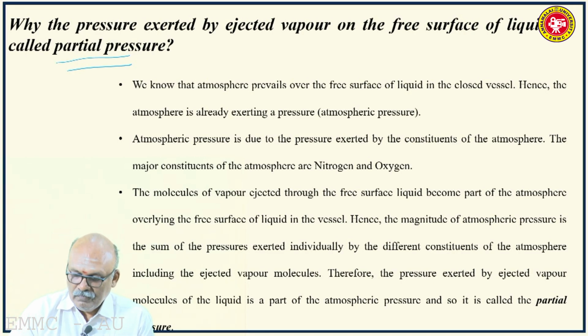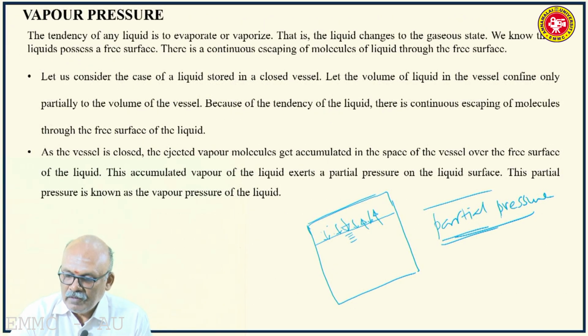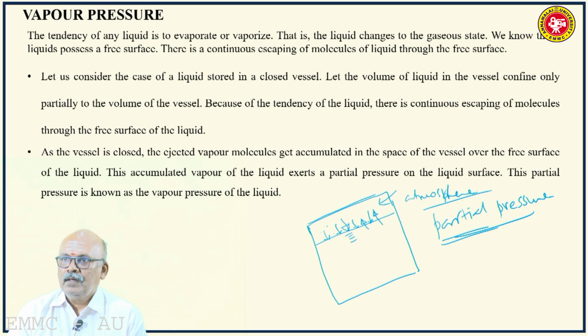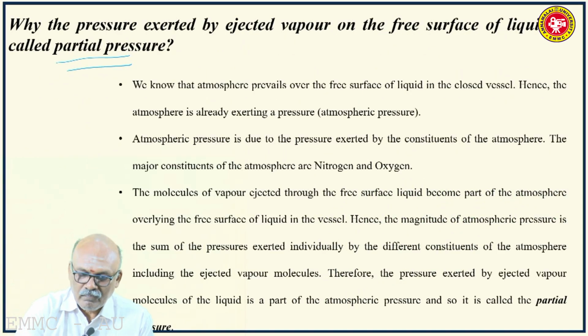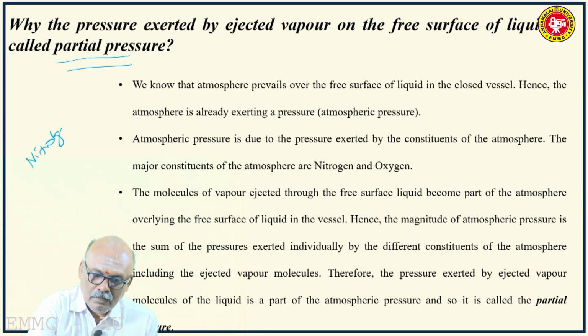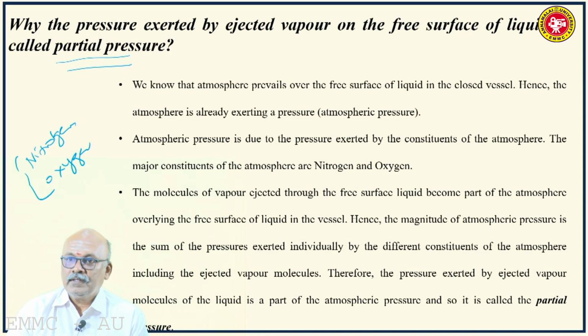Now, what is prevailing in this free space? We have atmosphere. So, what are the constituents of atmosphere? The major constituents are nitrogen and then oxygen. These two put together constitute more than 90% of the total constituents of atmosphere.